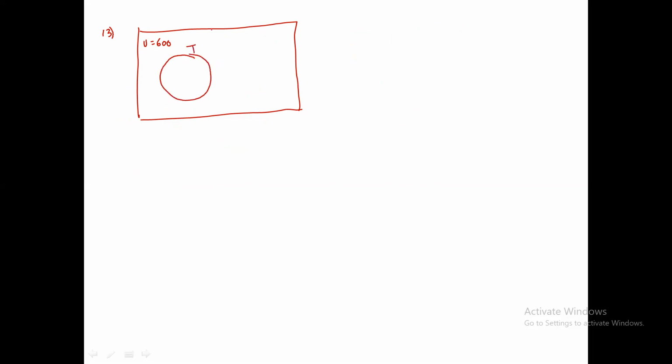Okay, let's go to question number 13. Let us take a school as the universal set. In the universal set, a total of 600 students are there in a school. Let us take the circle T, which means students who are taking tea. The number of students taking tea is given as 150.